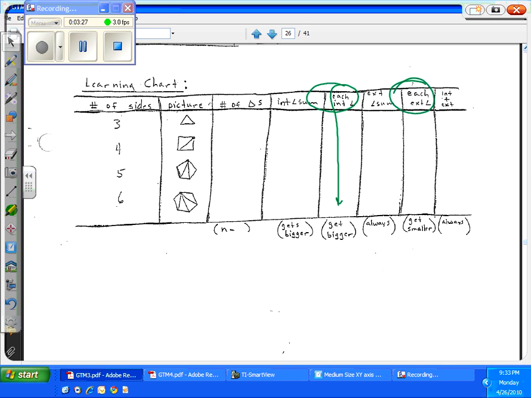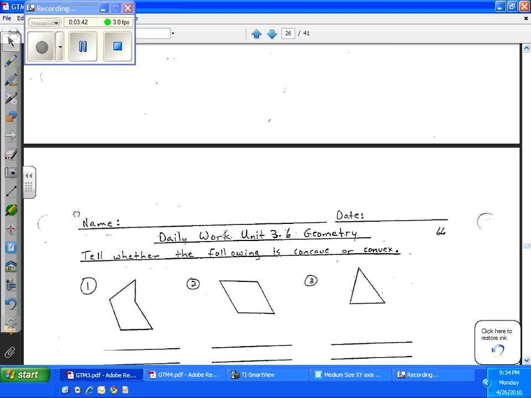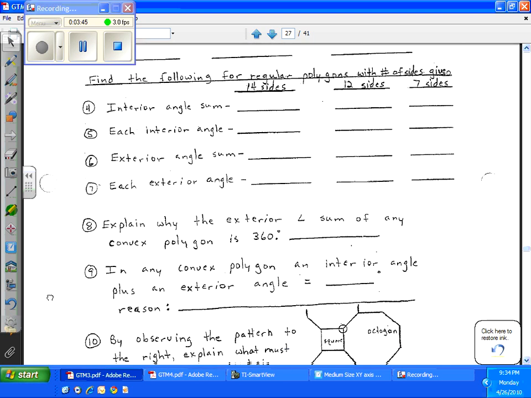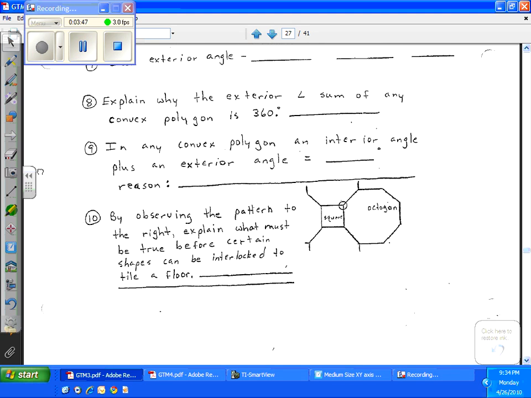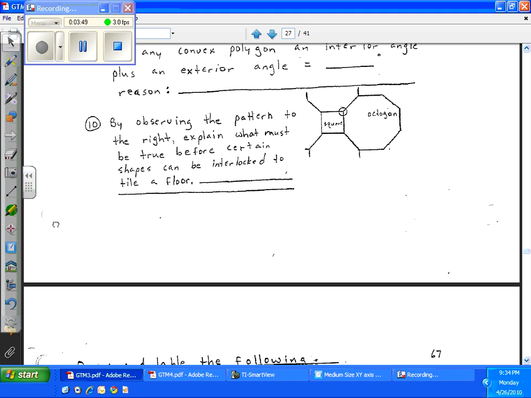When we think about each exterior angle, what's actually happening. Therefore, what about the result? You need to put that in words and think about that. Okay? We're going to let you do the rest of that chart.